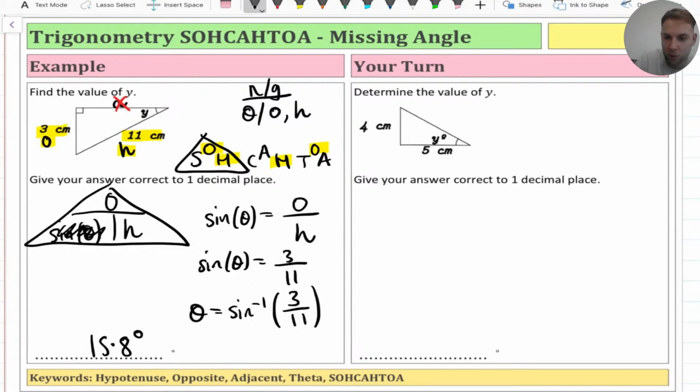Okay, so I'm going to quickly go through that one on the right-hand side. We will have a go at some of these tomorrow ourselves.